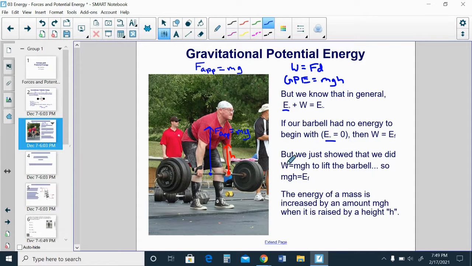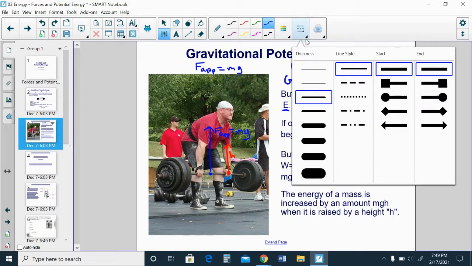Work is equal to mgh. Therefore, mgh is equal to the final energy. So if work is equal to mgh, and we just showed that mgh was happening over here, then we did do work in this example.